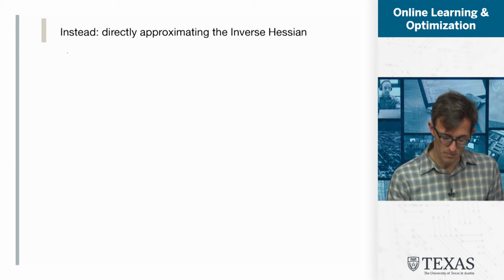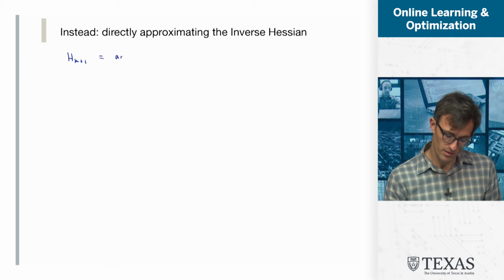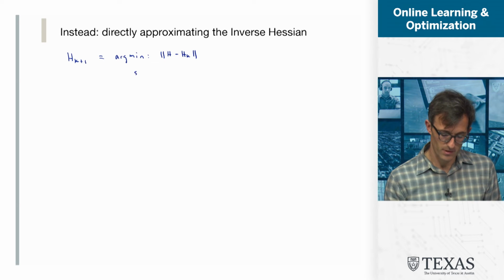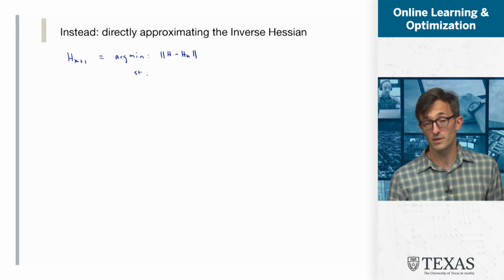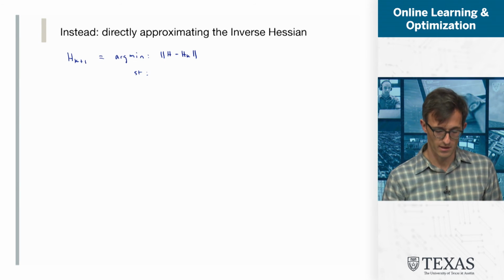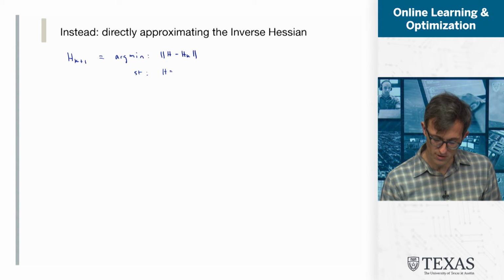So my H_{k+1} is going to be the argmin of the optimization problem, H minus H_k, subject to the 2 points that we said, symmetry and satisfying the secant equation, but the secant equation now expressed in terms of H. H is equal to H transpose, and H y_k is equal to s_k.